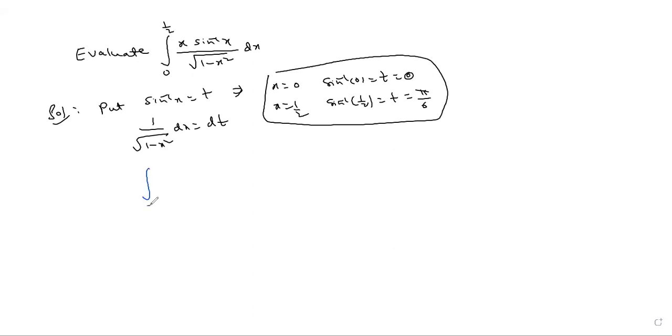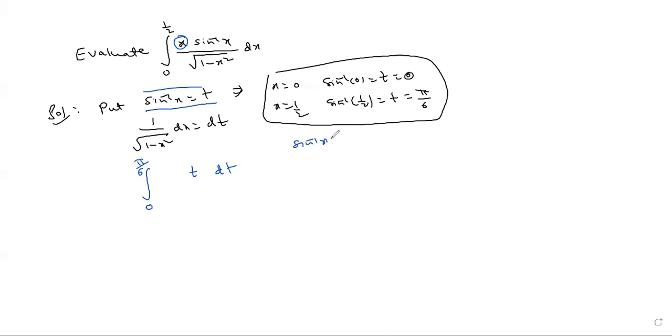Integral from 0 to pi by 6, that is 30 degrees. For sine inverse x you can take t, and dx by root 1 minus x square is dt. Here x is there. So how to convert this x? Observe here. Sine inverse x is t. Okay.